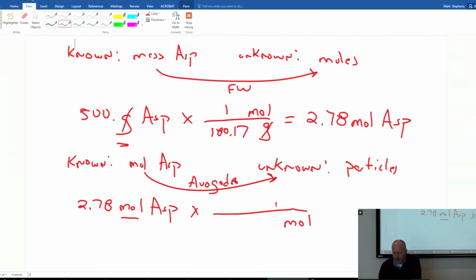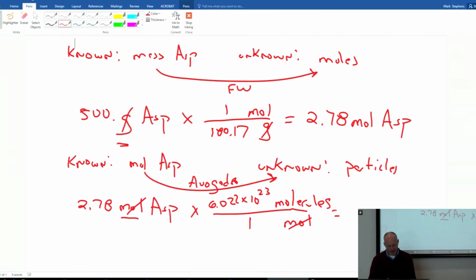I want to go to molecules because the smallest particle of a compound is a molecule. And the conversion factor is Avogadro. In these conversion factors, the mole gets the 1, and Avogadro's 6.022 times 10 to the 23rd is going to go up on top. Moles cancel out, and that's going to give me molecules of aspirin.